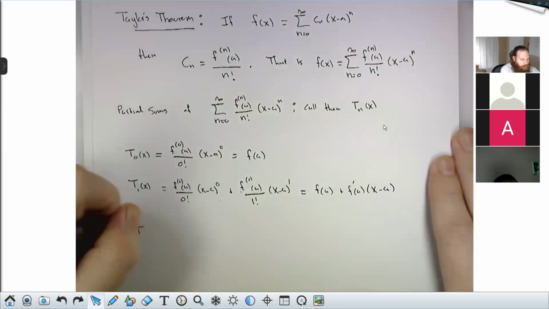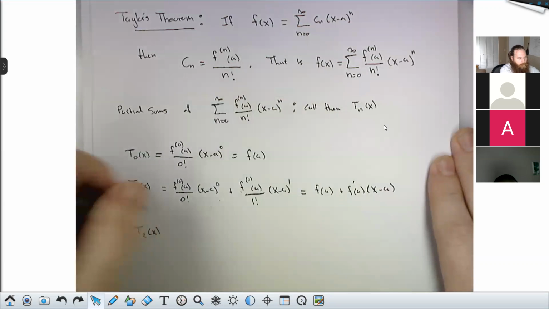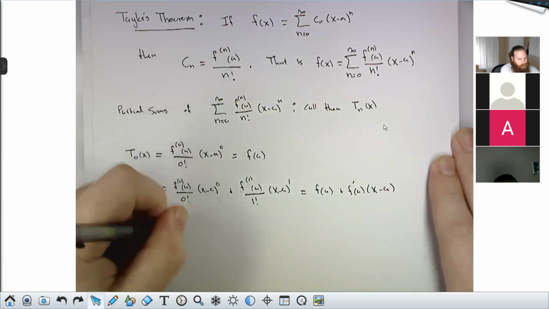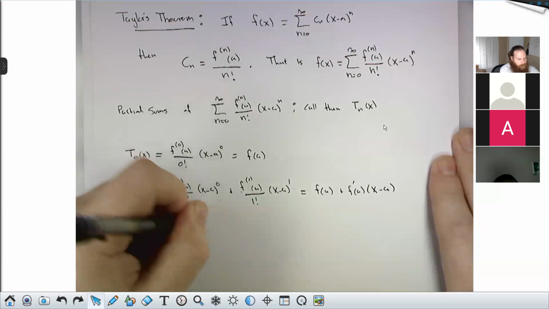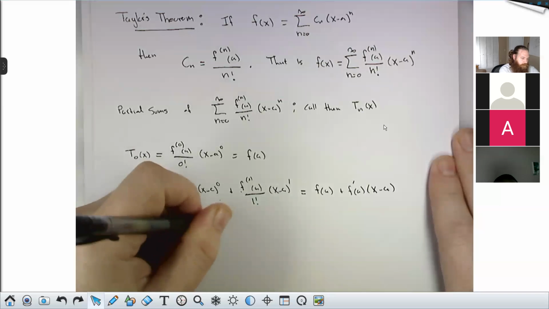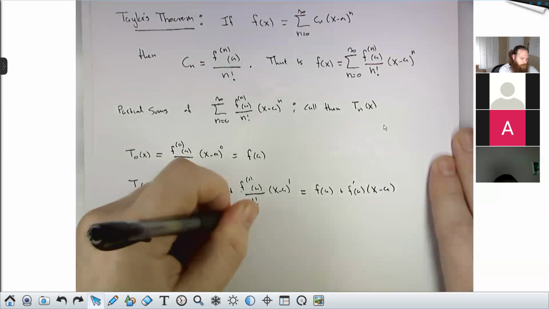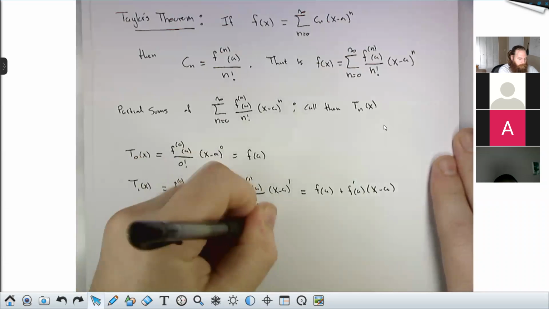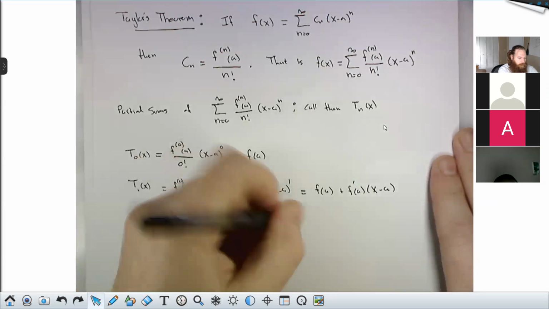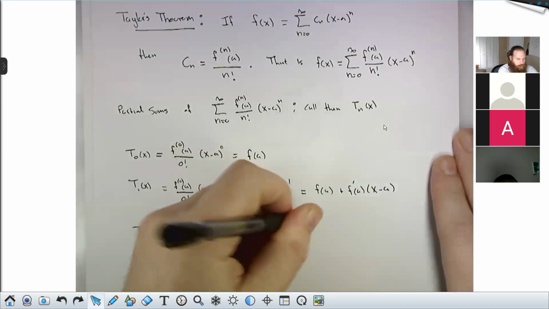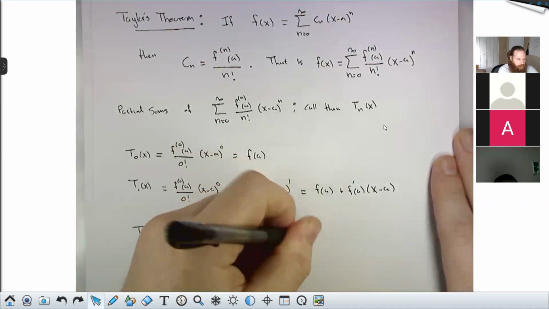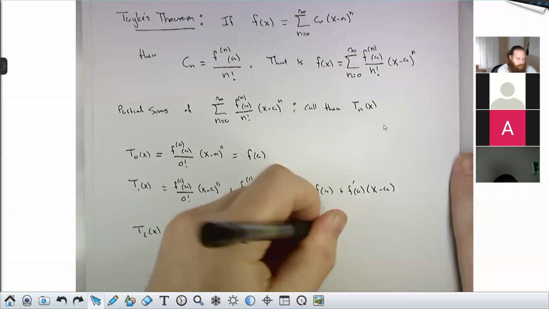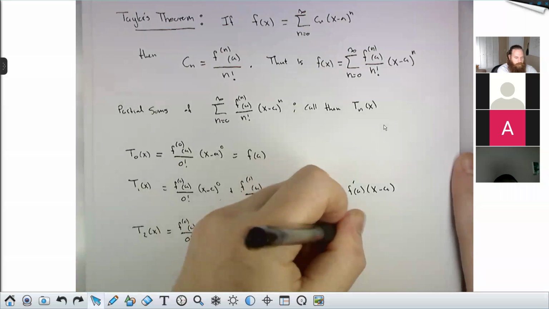T2 would be f0 of a over 0 factorial times (x minus a) to the 0 plus f1 of a over 1 factorial times (x minus a) to the 1 plus f2 of a over 2 factorial times (x minus a) squared.